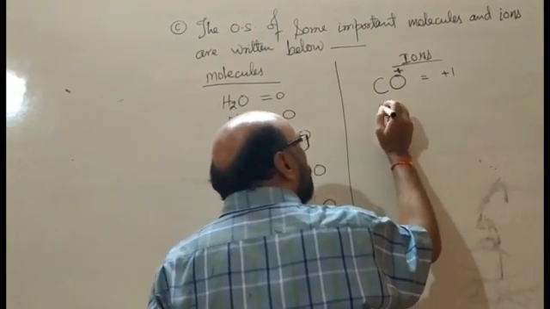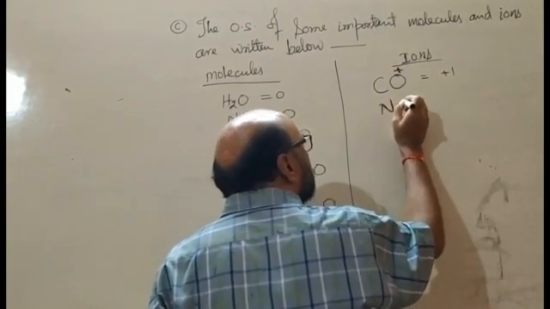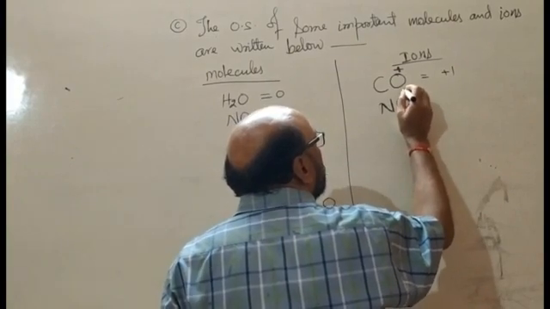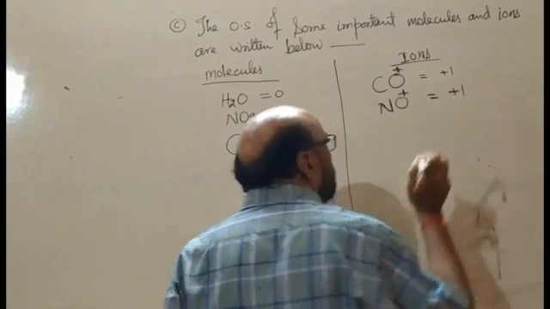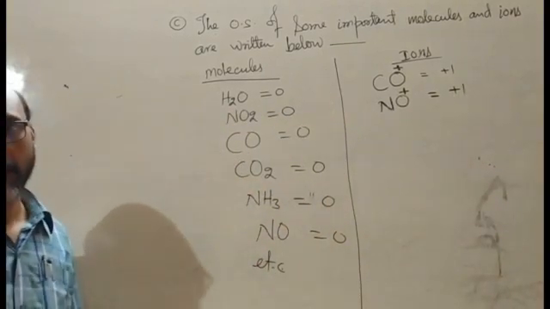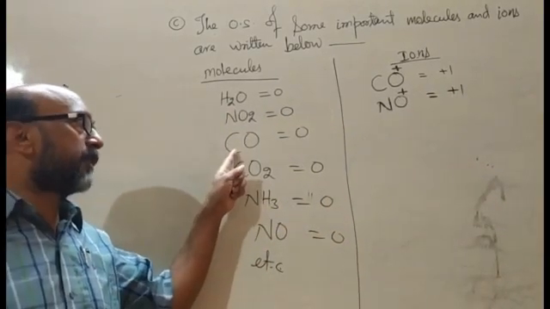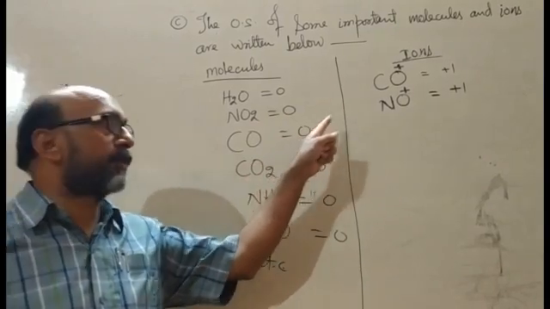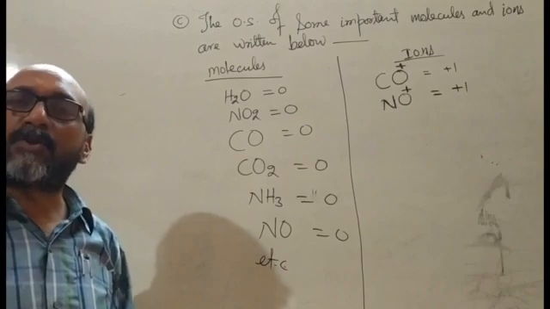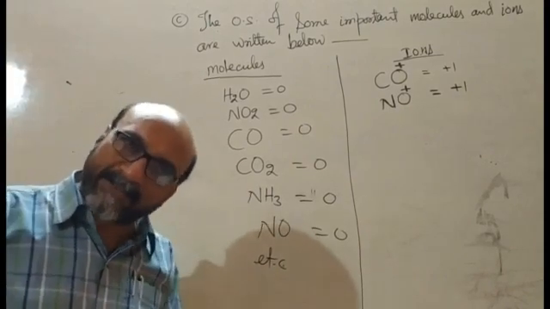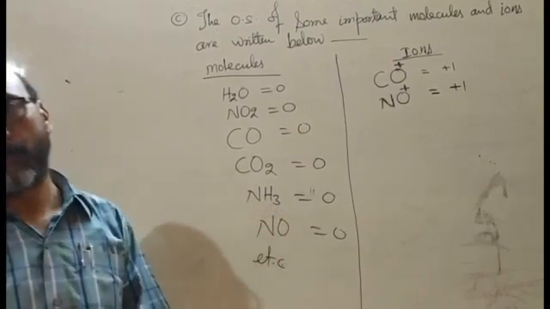NO, when used in any compound as an ion, the plus is mentioned on NO, and we shall use +1. It means CO is sometimes used as a molecule, sometimes as an ion, depending upon the nature of the compound in which it is used.